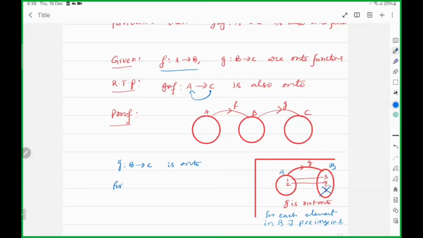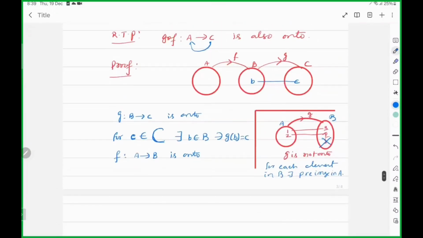That means here c is an element belonging to the set C. A set I should write as a capital letter, and an element as a small letter. Since it is already mentioned that g is onto, there exists b in B such that g of b is c. Also, f mapping from A to B is onto, so for b belonging to B there exists a in A such that f of a is b.